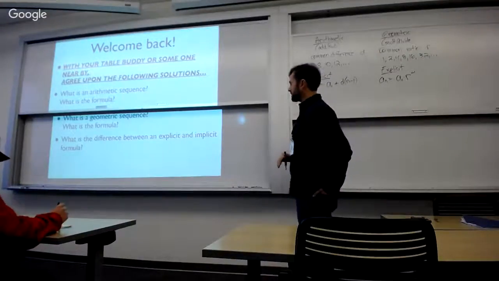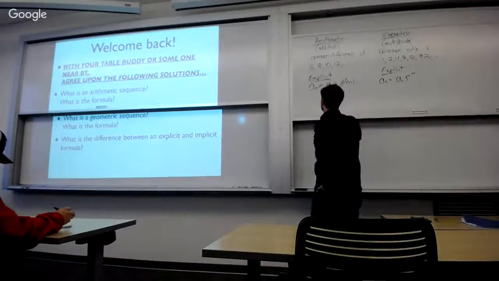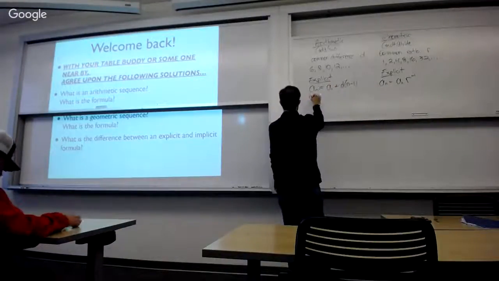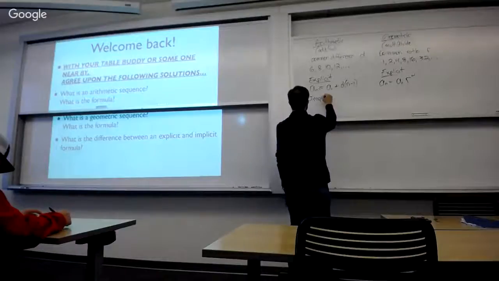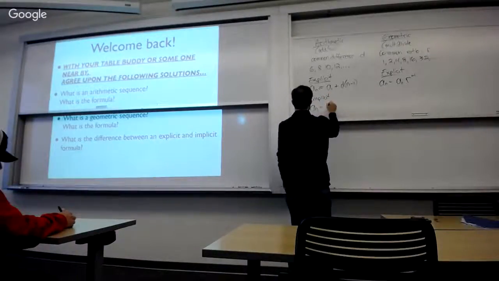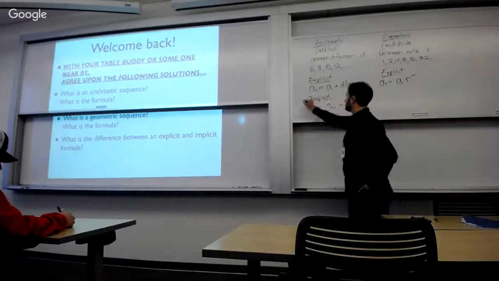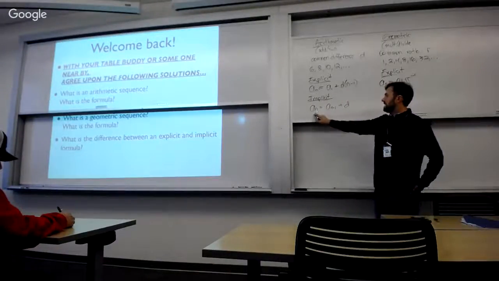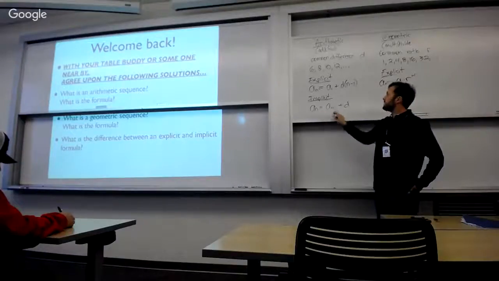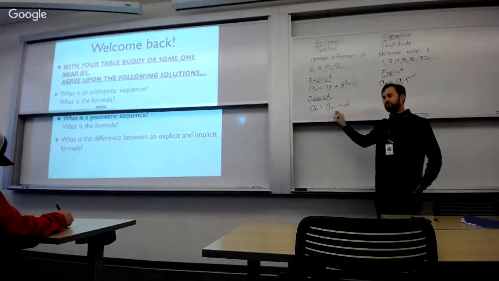Okay, and then what's the difference between an explicit formula and an implicit formula? Now that we've seen the explicit formulas, here's your implicit formula. For arithmetic, it's a sub n equals the previous term plus d. And it says that if you want the nth term, you need to know the previous term. So in order to calculate any given term, you need to know the term before it.